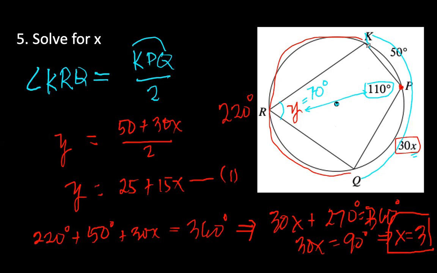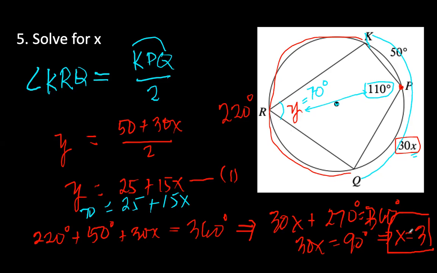So which means that half of this, we already identified y. So half of the intercepted arc is equal to 70 degrees. This is what we're talking about. So therefore, y is 70 here. 70 is equal to 25 plus 15x.